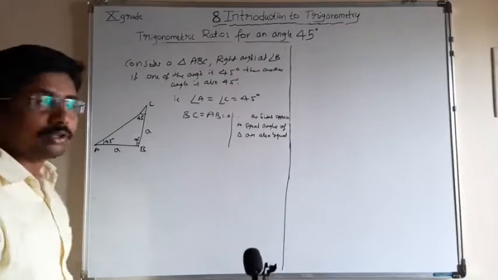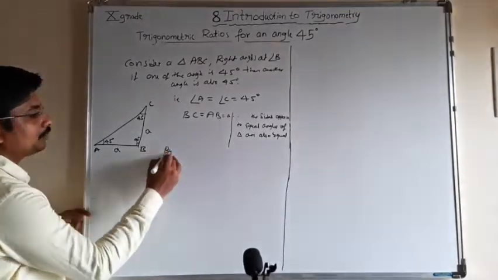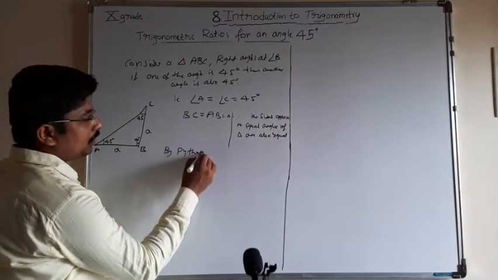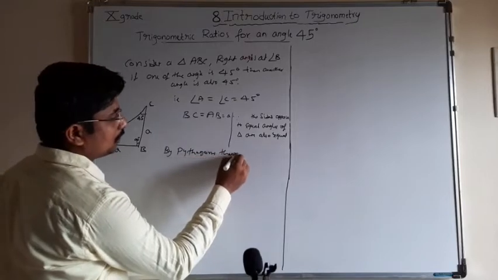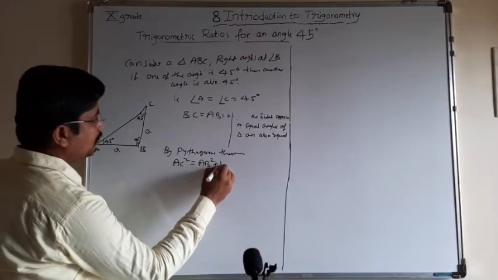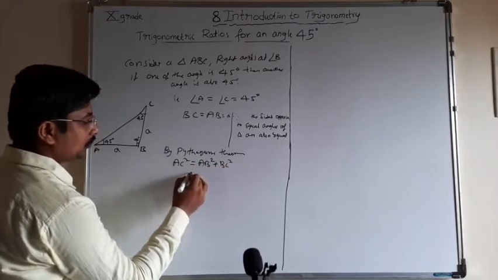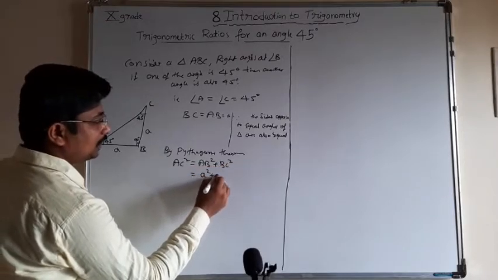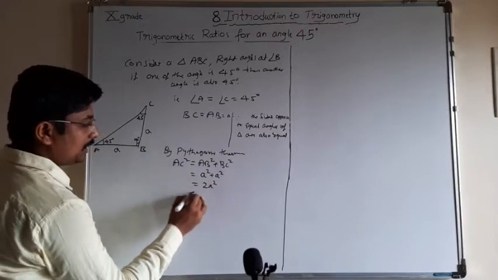With the help of the Pythagoras theorem, AC square is equal to AB square plus BC square, which is equal to a square plus a square, that is 2a square.